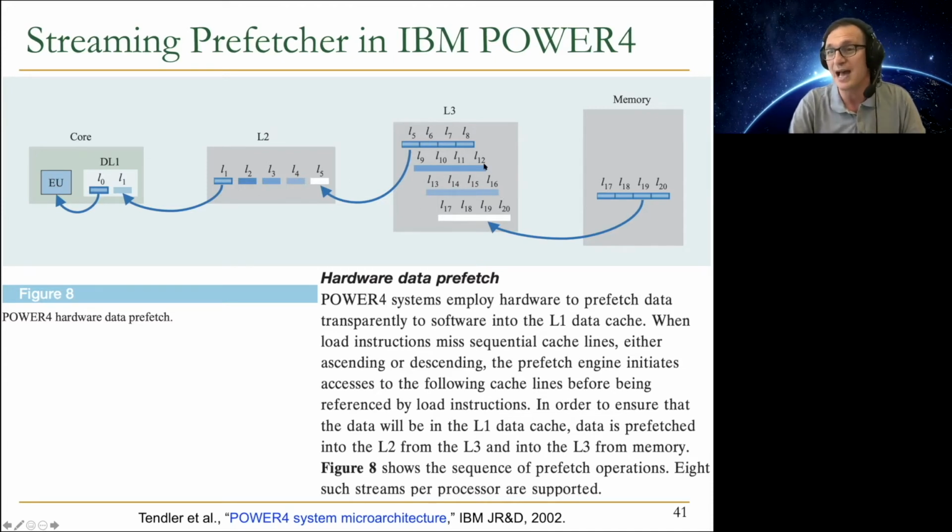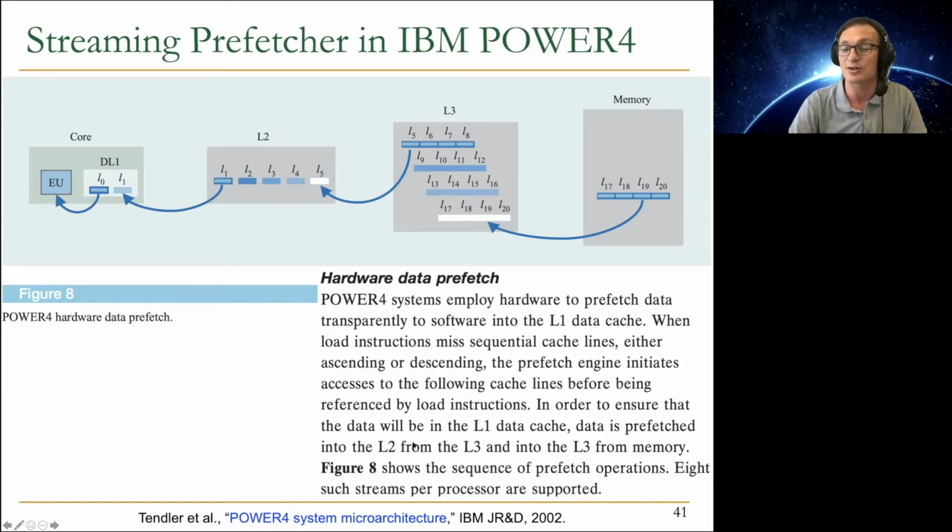And while that's happening, memory can actually also provide the data into the L3, as you can see. So you can also read the paper, but basically, when load instructions miss on sequential cache lines, either ascending or descending, it could be going the other way also in memory, the prefetch engine initiates access to the following cache lines before they are referenced by load instructions.